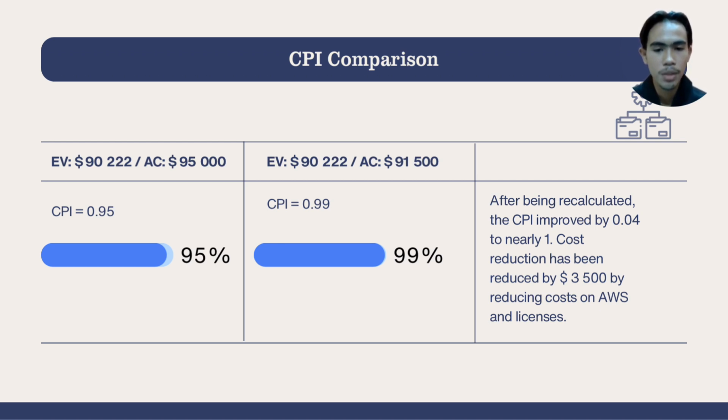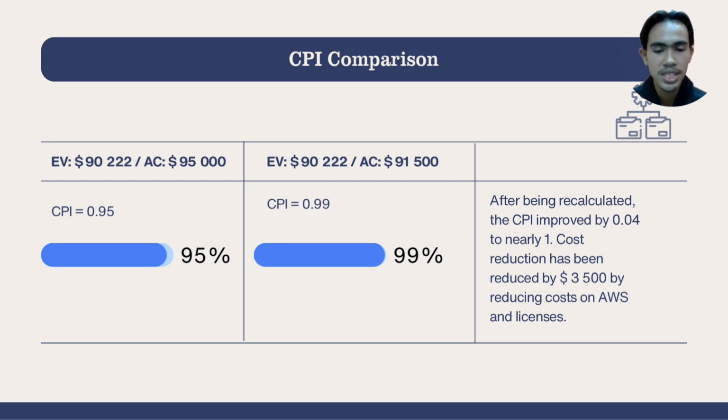However, after implementing our cost reduction strategies, specifically by scaling back our underutilized AWS package and streamlining software licenses, we successfully lowered our actual cost to 91,500 while keeping our earned value exactly the same. As a result, our CPI improved by 0.04, bringing it up to 0.99, which is nearly a perfect 1.